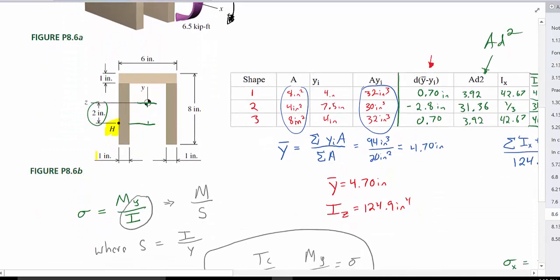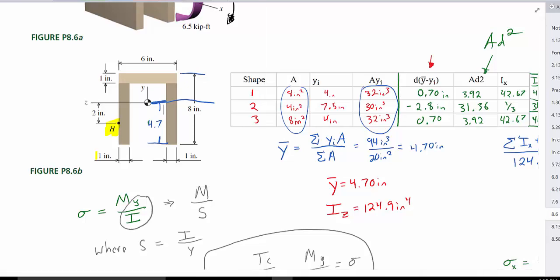So the maximum bending stress is going to be produced by the maximum distance away from the centroid. So if my centroid is here, and we determined that this distance here is 4.7, well, 8 minus 4.7 is less, right? It will be 3.3.